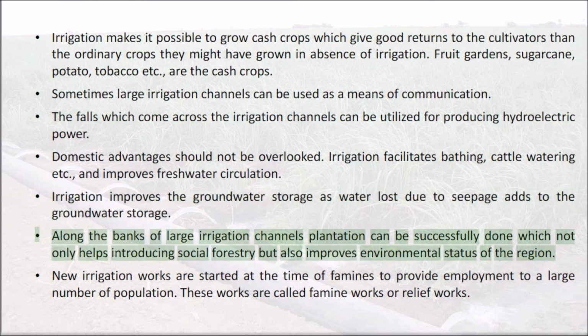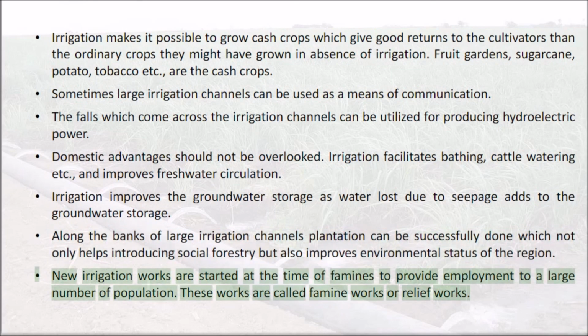Along the banks of large irrigation channels, plantation can be successfully done, which not only helps introducing social forestry but also improves the environmental status of the region. New irrigation works are started at the time of famines to provide employment to a large number of population. These works are called famine works or relief works.